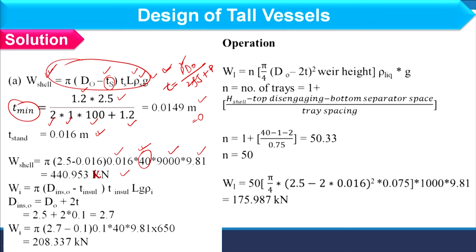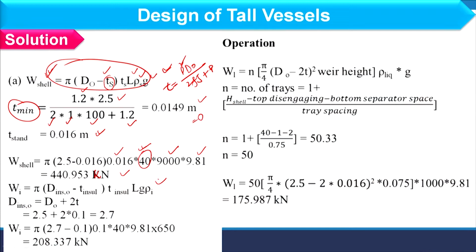Okay. Now, once I have the weight of the shell, in a similar way I can obtain the weight of the insulation also. So, let us see that. We can consider the same expression as we considered for shell, but the only difference is that instead of D0, we will consider the outer diameter considering insulation, and here it should be the thickness of insulation material. Okay. Length will be the same, g will be the same, rho I will differ.